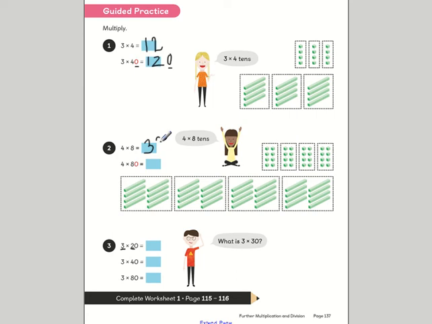Now, what they're telling me is 4 times 8 tens instead of 4 times 8 ones. So I need to work out how many tens I've got altogether. Well, what I can do is multiply this answer by 10, which will be 320. Now remember, when you multiply by 10, it doesn't always mean that it's going to end in a 0, but in this case, we've got our zeros there.